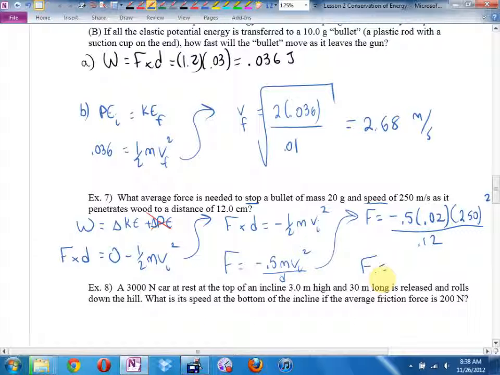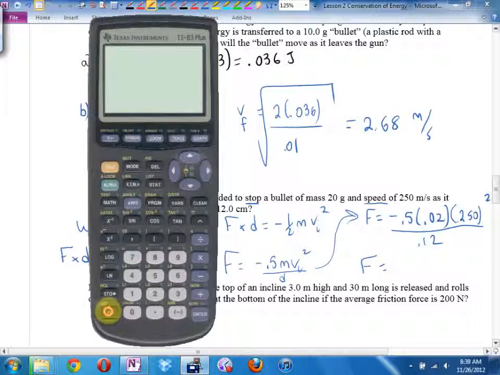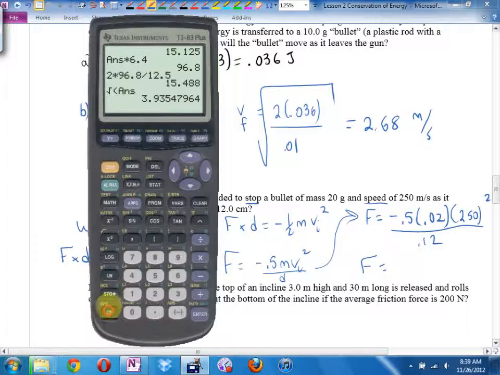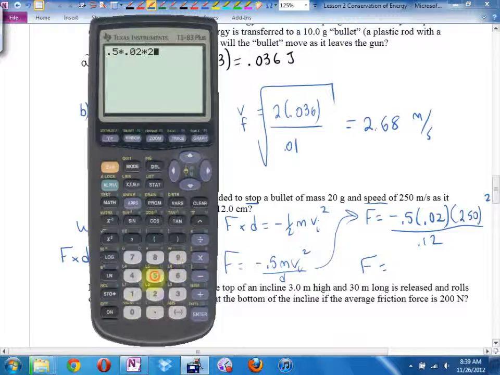What do you get? What is the average force to stop a bullet? 0.5 times 0.02 times 250 squared divided by 0.12. 5,208 newtons. Anybody else? Yep.